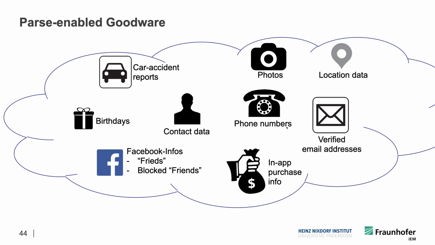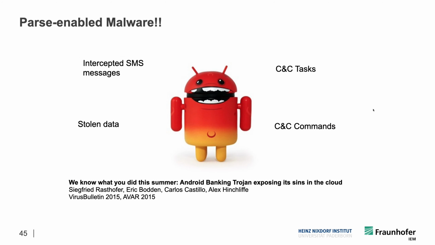Then photos, phone numbers, in-app purchase information, actually verified email addresses. That would be very nice for spammers, location data, and so on. So a lot of relatively sensitive data, even photos, that you would definitely not want to just be able to extract that easily.